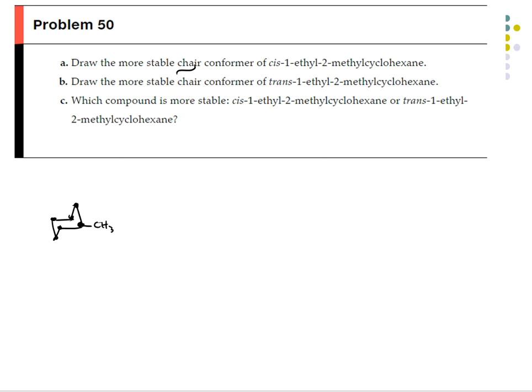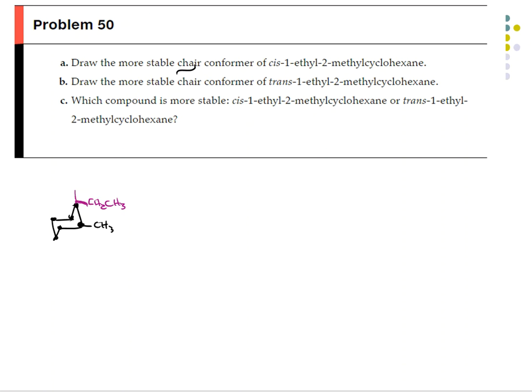So this axial bond points straight up, and that means that this equatorial bond points slightly down. And this is where my CH2, CH3 is going to be, on that equatorial position. Now, I've got to worry about my methyl group.